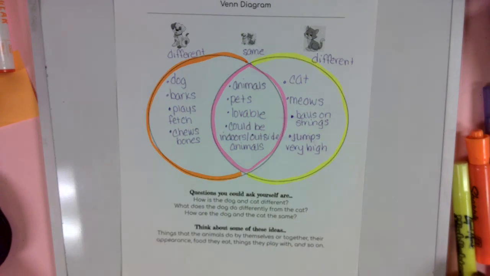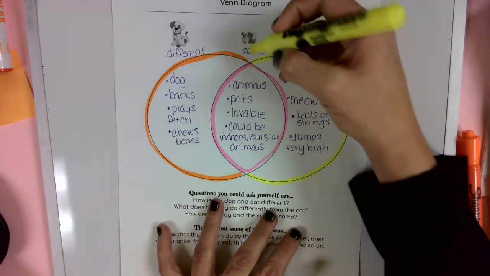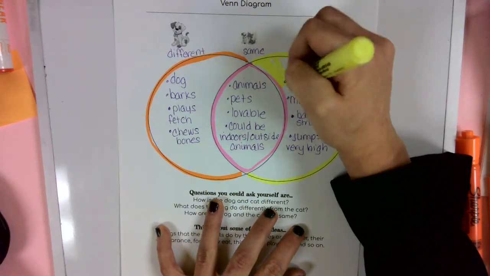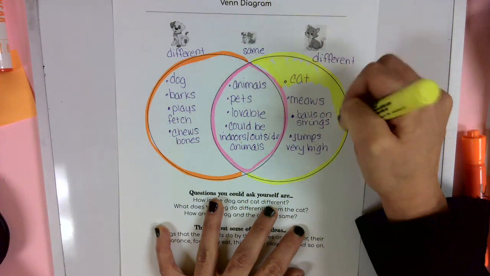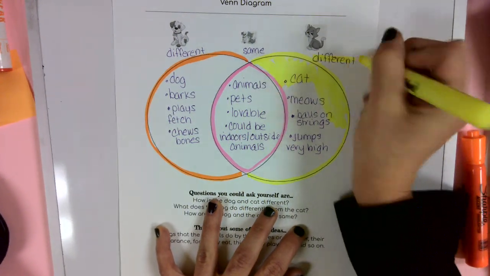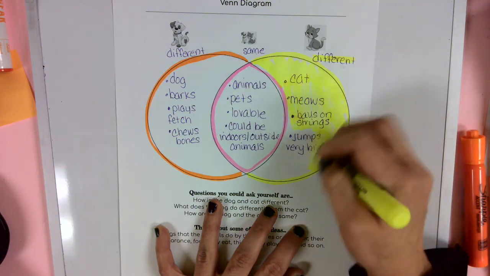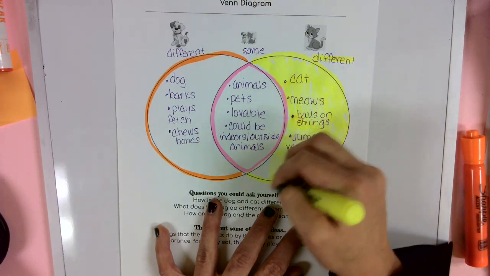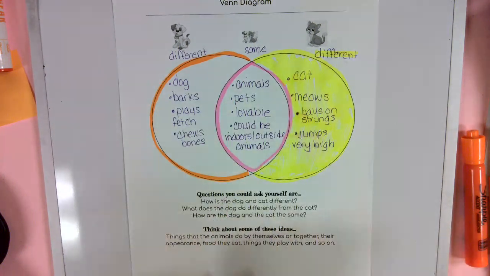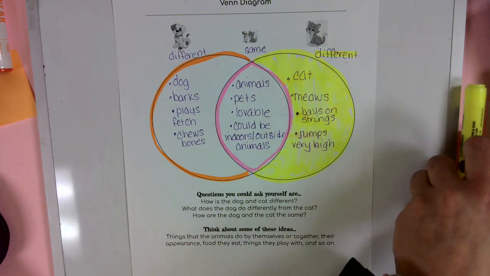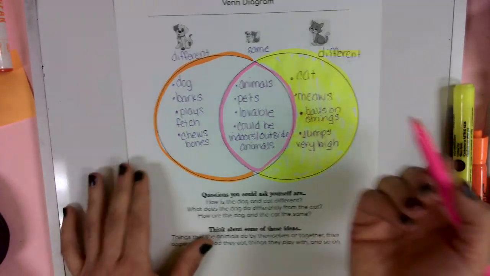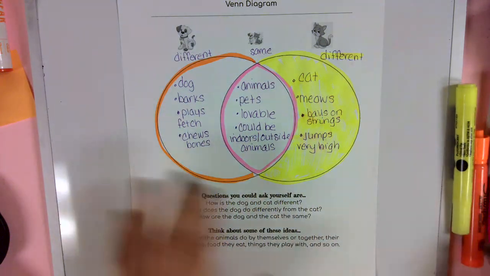Okay, so to help you too, I'm gonna color this in now, because remember, the cat is different on this side. Now remember, these aren't all the things that a cat can do that is different from a dog. You can think of other things.